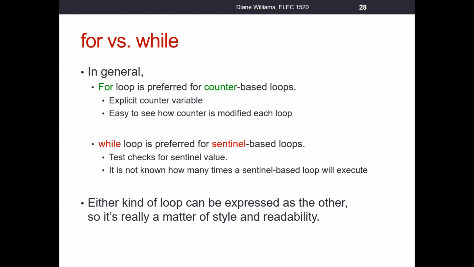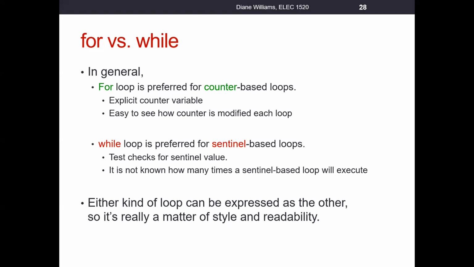Then you would use a while loop for something like that, because you don't know how many times a user is going to say yes, I want to play another game. That's an indication of a sentinel. It's that user input that will control how many times that loop test condition is true for, do you want to play another game?